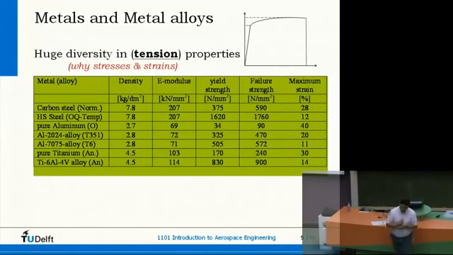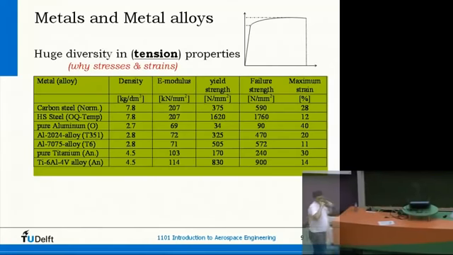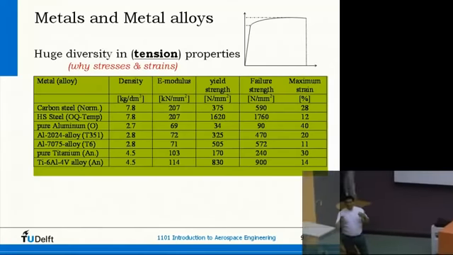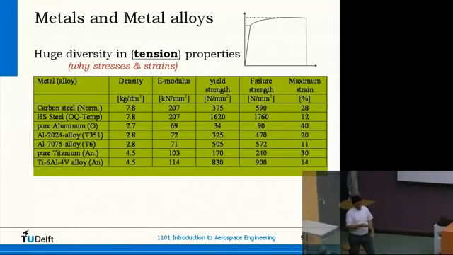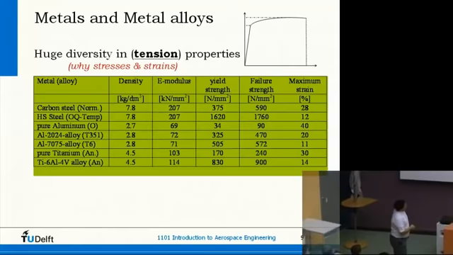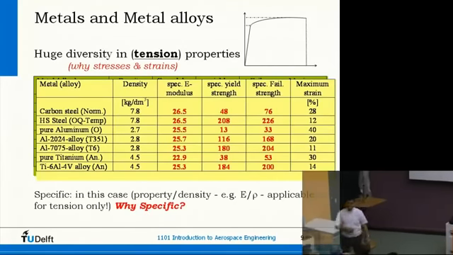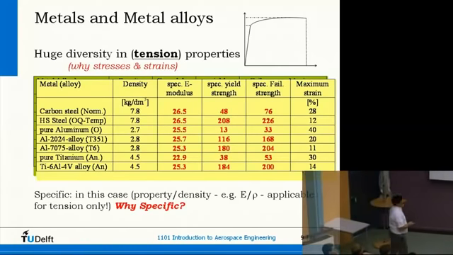But for this simple application, pure tension, and I challenge you to look for it at home, you can have stress divided by density. Well, if you do that, you find these numbers, and that's what we call specific values.